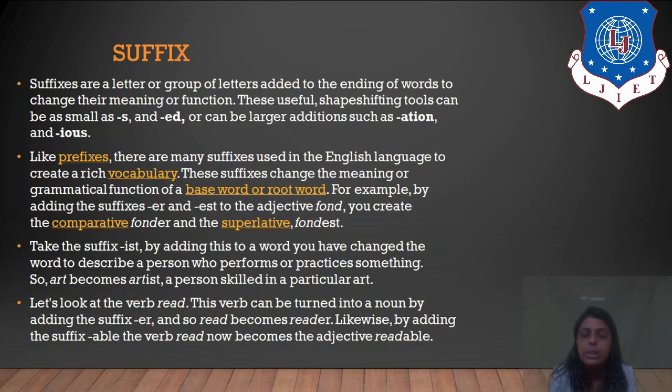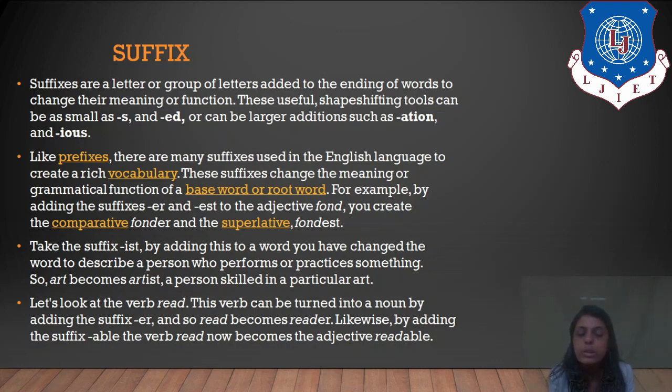So you can change the word to either the comparative form or the superlative form, like you might have studied tall, taller, tallest. Take the suffix ist. By adding this to a word, you change the word to describe a person who performs or practices something. For example, when I say artist, I've added ist to art.